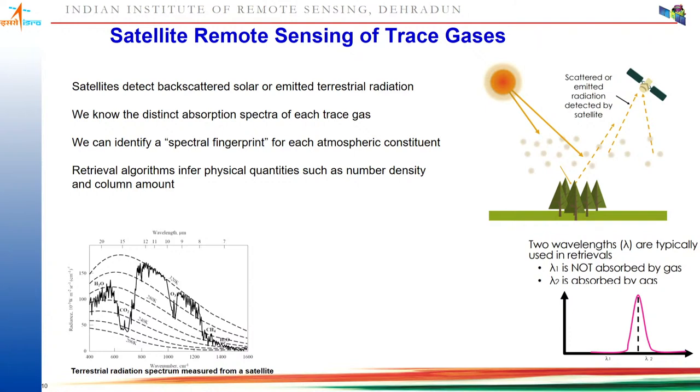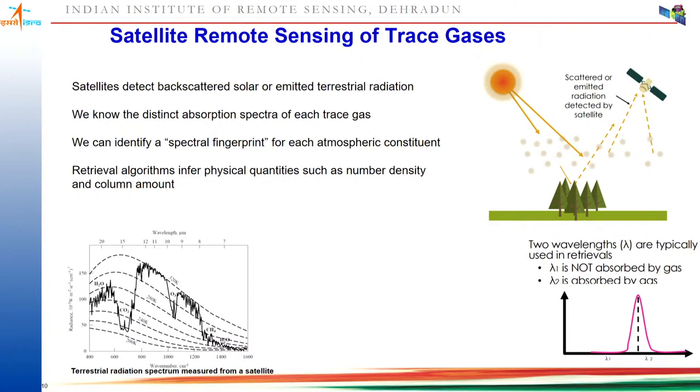The trace gases use the signature of the absorption, the fingerprint of the absorption spectra. The satellite detects backscattered solar radiation from the ultraviolet or visible region, and emitted radiation in the infrared region. Both these signatures, the gases have specific absorption spectra.